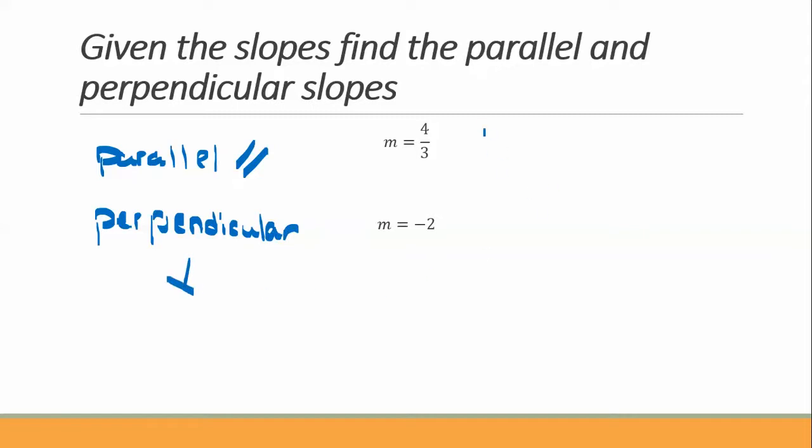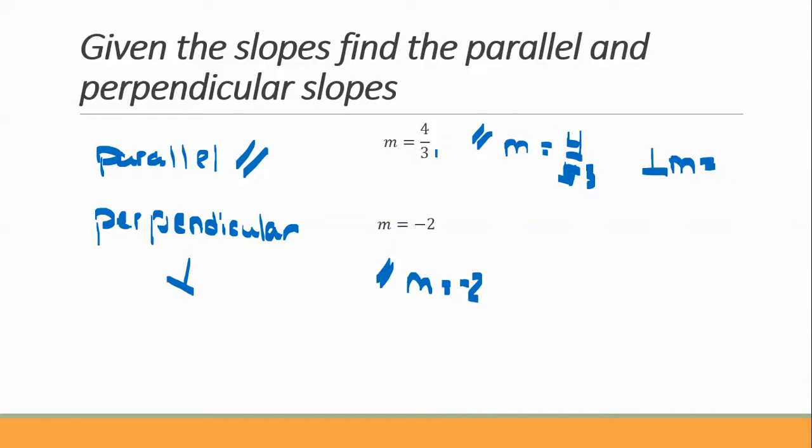For the parallel lines, the slope equals the same thing: 4/3, and -2. So the parallel slope for 4/3 is 4/3. The parallel slope for -2 is -2. For the perpendicular line, the slope is the negative reciprocal.